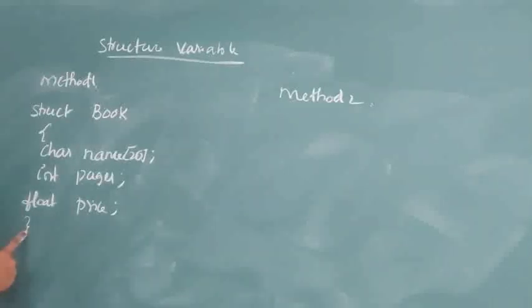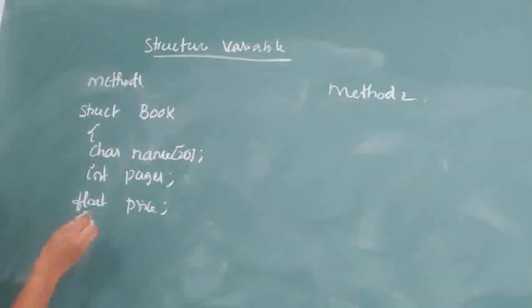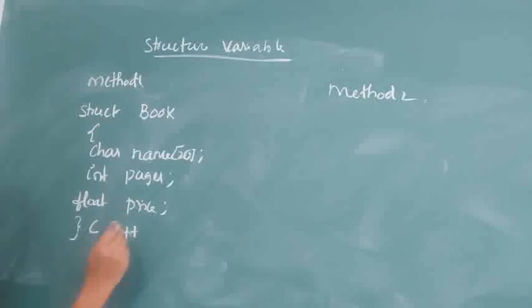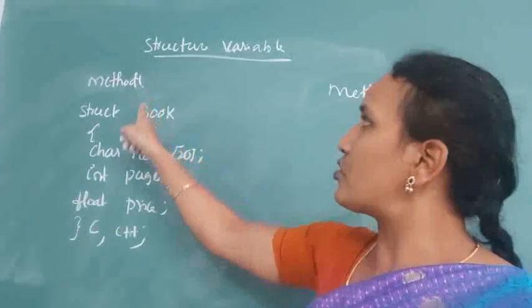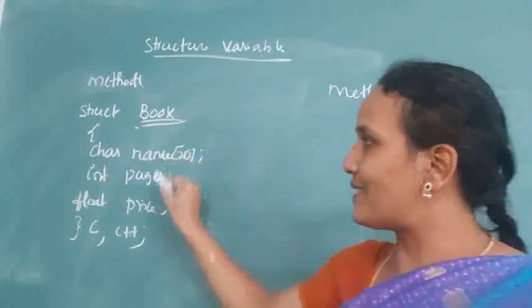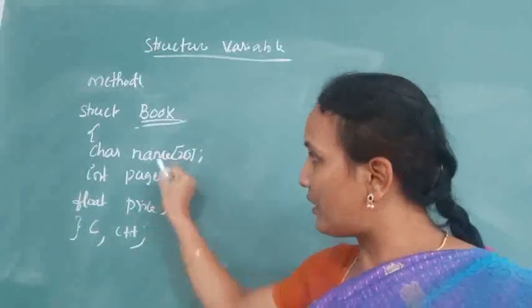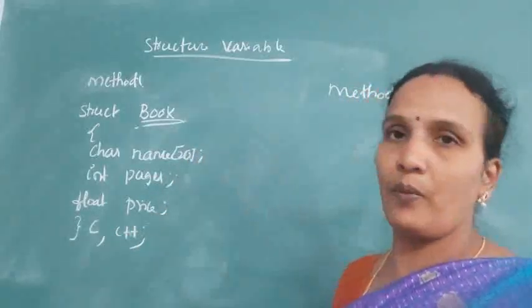After closing this brace, immediately you give C, C++. Give the semicolon. Here two books are there and the two books are following this structure. Understood? This structure is followed by these variables.